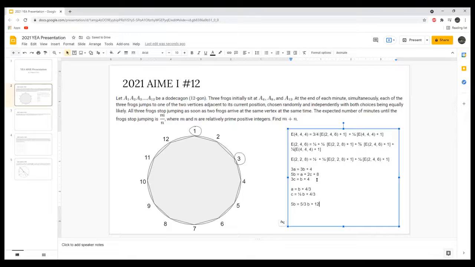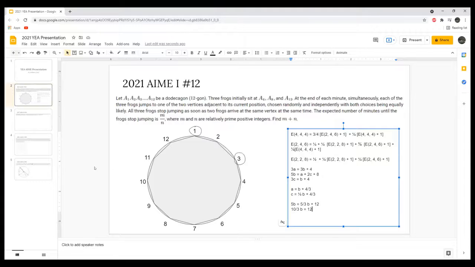I'm gonna check, but yeah, I think that's right. 10 over 3 B is equal to 12. Wait, I must have done something wrong, because that was not what I got before. But either way, you get how we do this problem using expected values. I'll probably come back to this later.